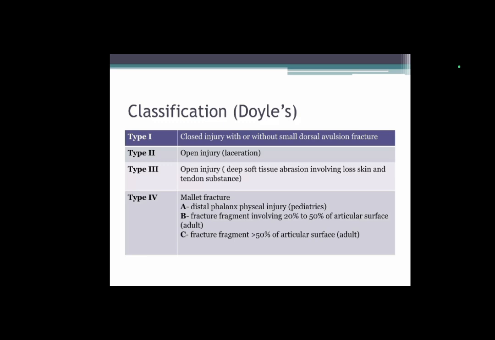Type 4A, transphyseal fracture in children, most commonly seen in children. Then type 4B, hyperflexion injury with 20 to 50% of articular surface involvement. Type 4C, fracture involving more than 50% of the articular surface with volar subluxation of the distal phalanx.